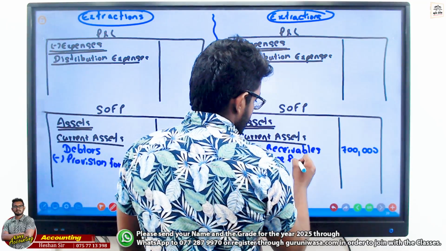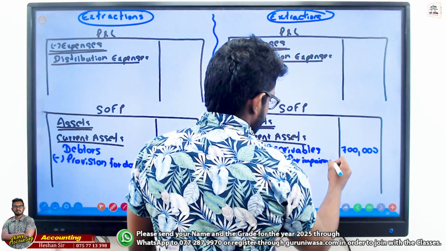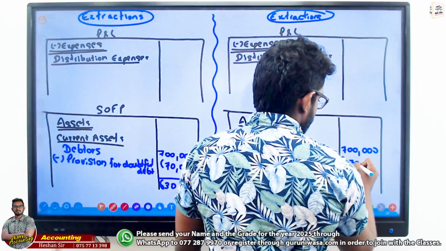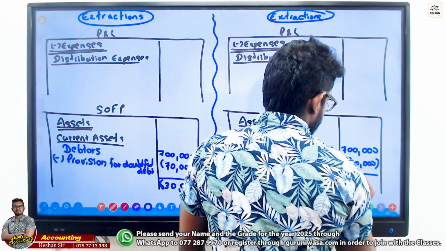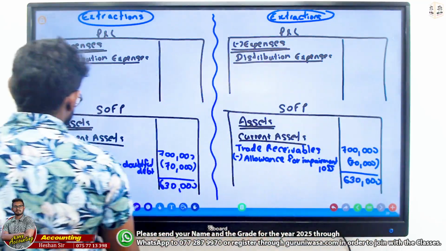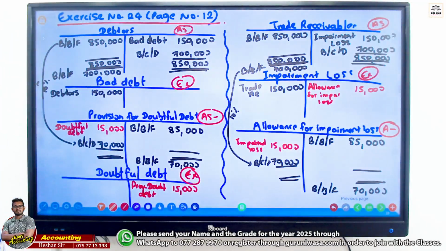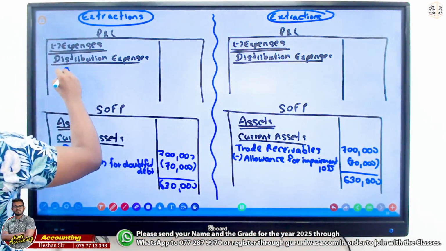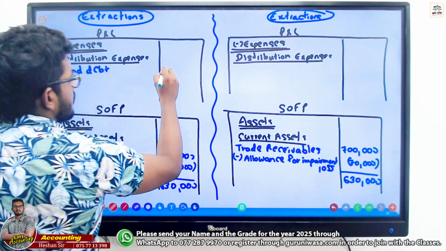Allowance for impairment loss 70,000. So it's 630,000, right? But when it comes to this one, bad debts 150, we write it in here. Bad debt 150.